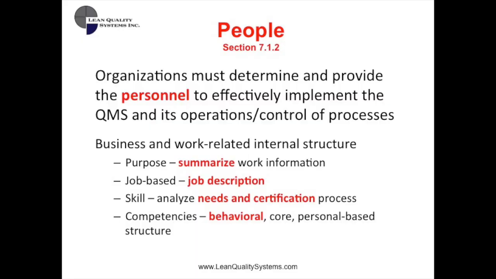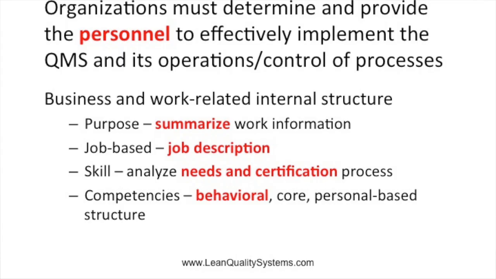Who are they? When we talk about personnel, we want to know what kind of personnel do we need? We need personnel to effectively implement the quality management system and its operations, controls, and processes. The business and work-related infrastructure. The purpose is to summarize work information, job-based, which is a job description.